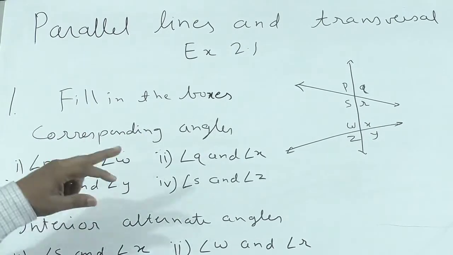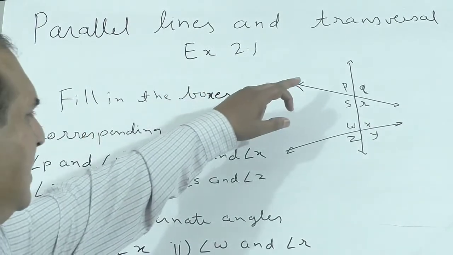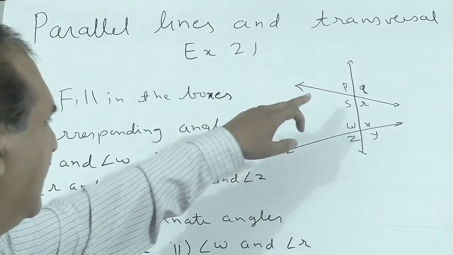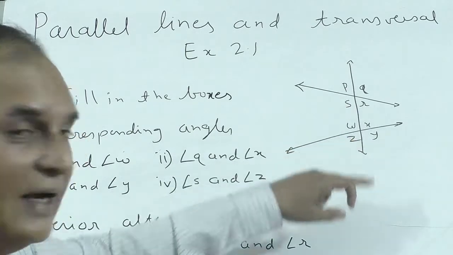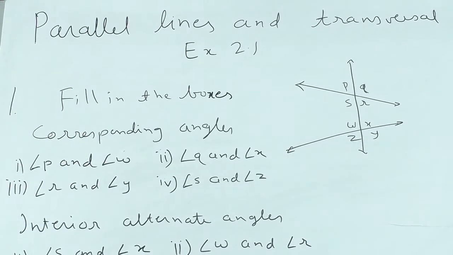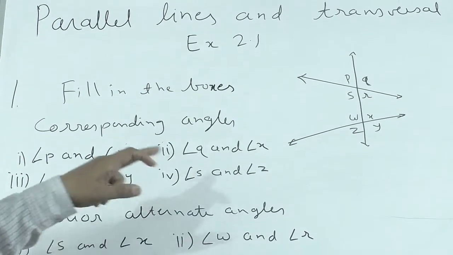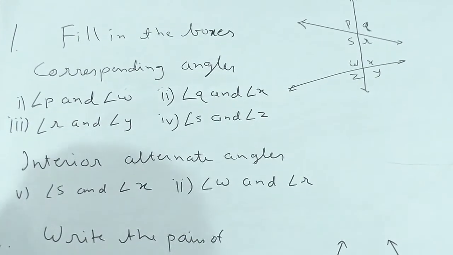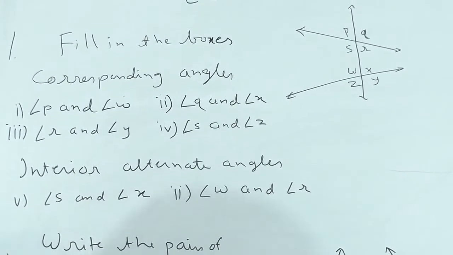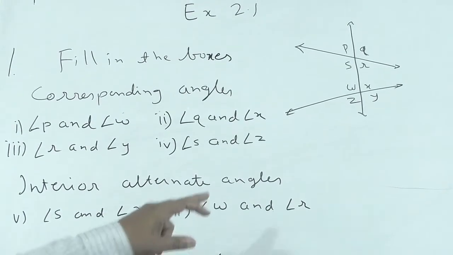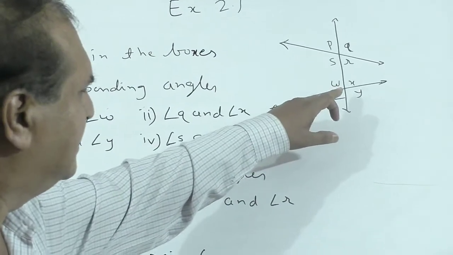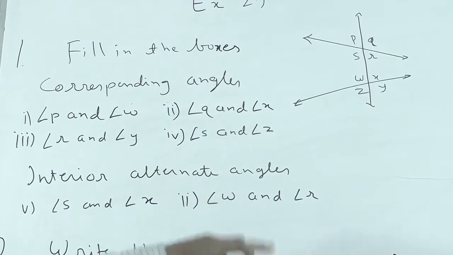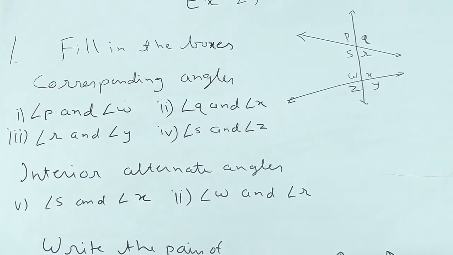Corresponding angles: angle P and angle W, angle Q and angle X, angle S and angle Z, angle R and angle Y. Understood? Four pairs of corresponding angles. Interior alternate angles: angle S and angle X, angle R and angle W. Understood?